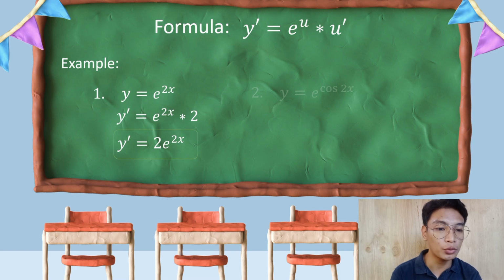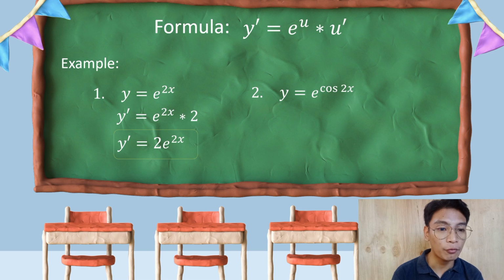Example number 2, you can pause this video and answer it on your own. We have the function y equals e raised to cosine 2x.